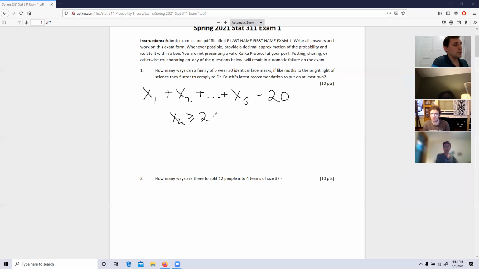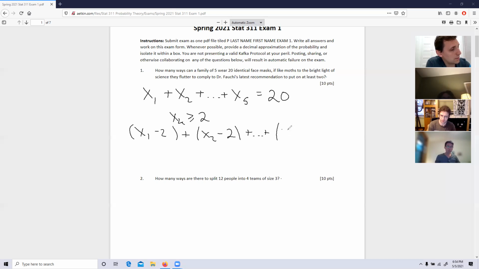Yes? So then what I can do is I can simply subtract 2 from everywhere here. So I simply have x1 minus 2 plus x2 minus 2 all the way to x5 minus 2, and that would be 20 minus 10.